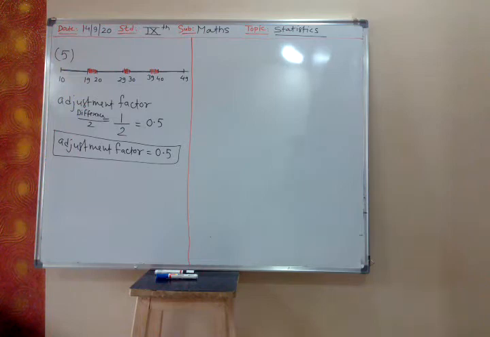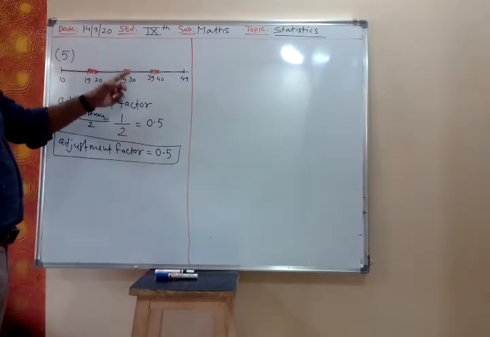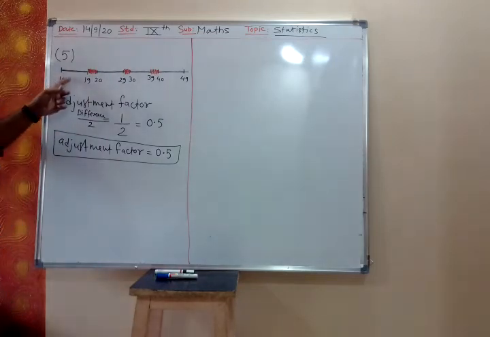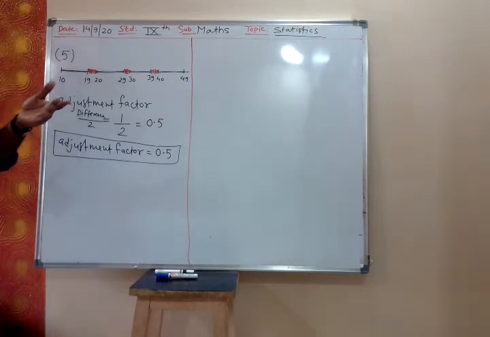We want the class intervals to be continuous. For example, 10 to 20, 20 to 30, 30 to 40, 40 to 50, then they are continuous. But here there is a gap between two consecutive class intervals, so to make them continuous, you have to find the adjustment factor.